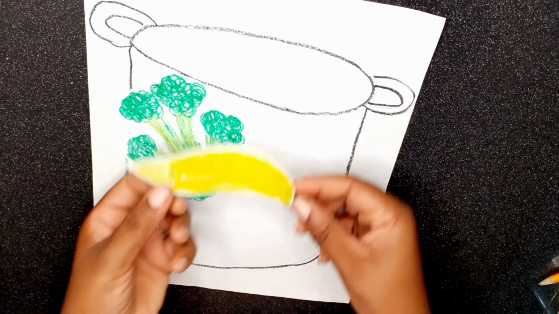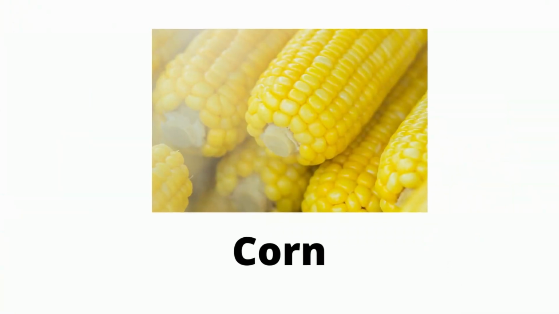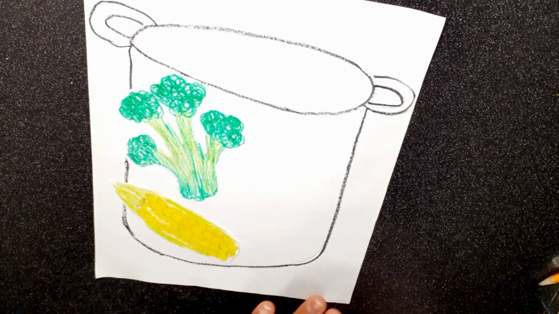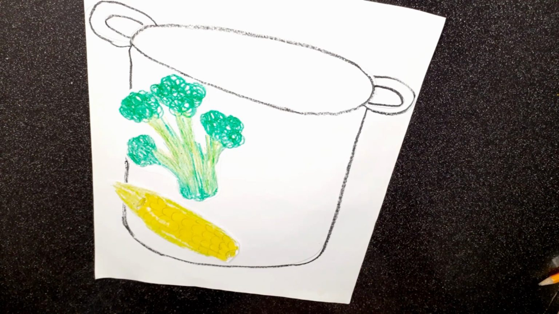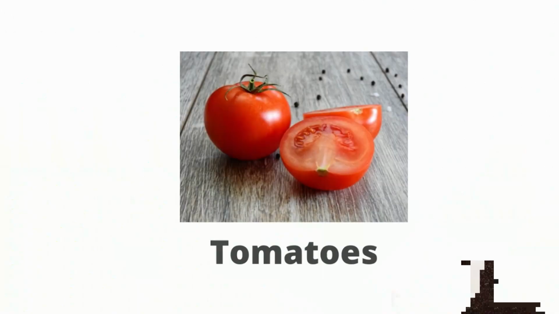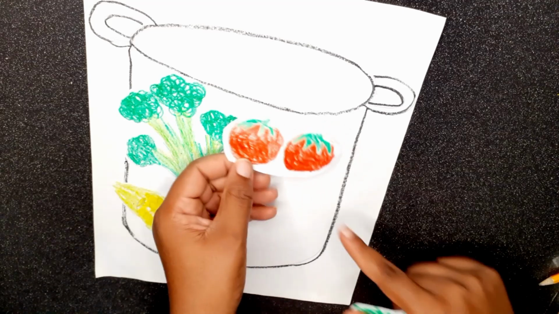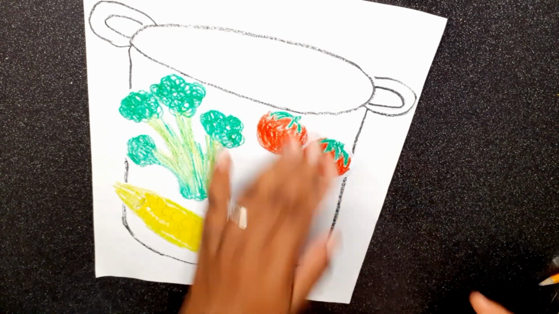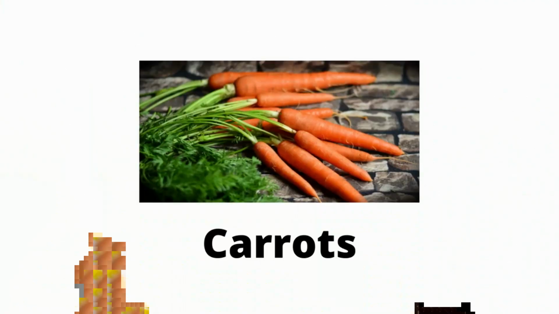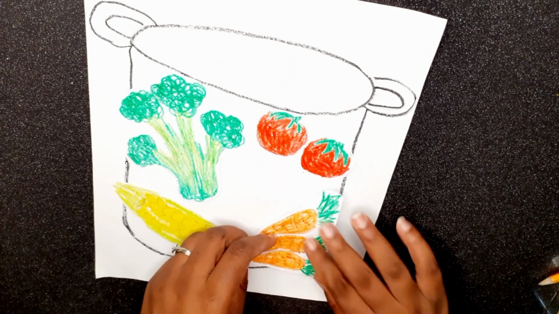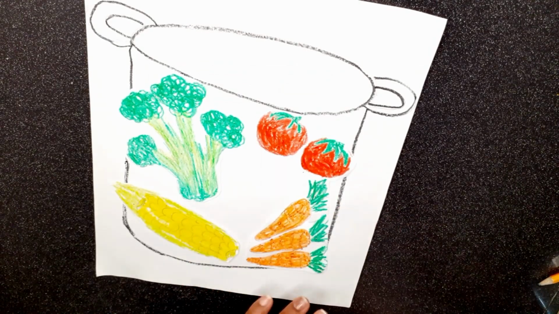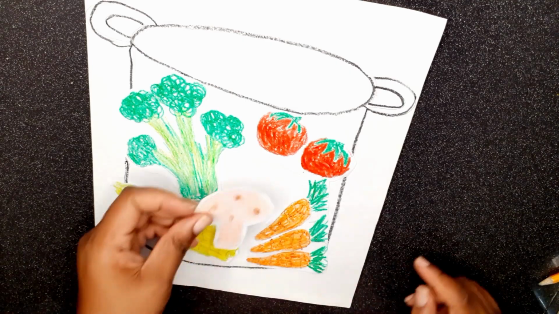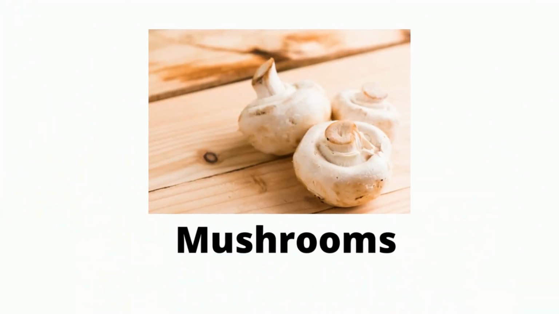So I'm going to add my corn to my pot of soup. Looks delicious. Then I'm going to add my tomatoes. Wonderful. And next I have some carrots, of course. Carrots are delicious. And last but not least, I have some mushrooms for my soup.